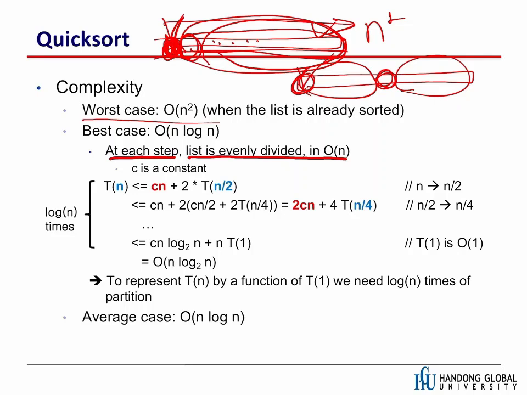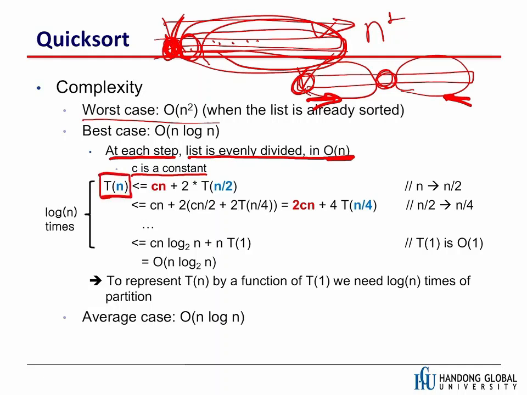For every partitioning, we need n time complexity, because we have two indexes here, so we have to check all the elements. So every partitioning needs n time complexity. Let's say C is a constant. Then let's calculate the time complexity of quicksort for the best case.